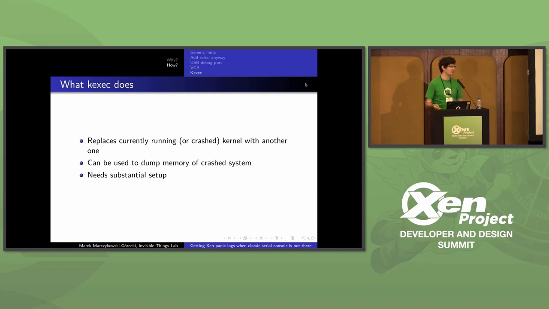On the boot of the original system, you specify how much memory you reserve for the crash kernel, and this area is not used for anything else. Then the crash kernel will be loaded in that area, but the whole RAM is still from the previous kernel, so it can simply dump it to whatever place you'd like.